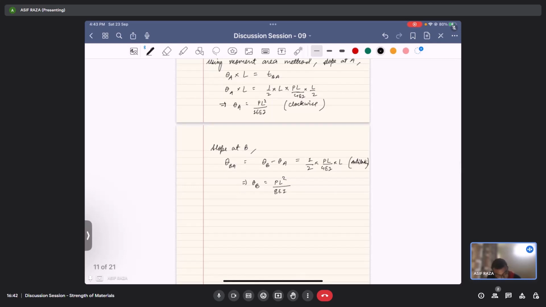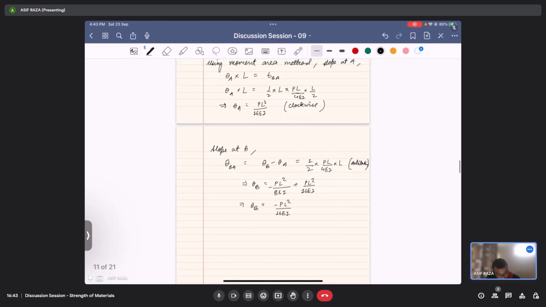So plus theta A is clockwise. If I use the sign convention as anti-clockwise to be negative, then this would be minus plus theta A, this would be PL square by 16 EI, and thus theta B would come out to be minus PL square by 16 EI.